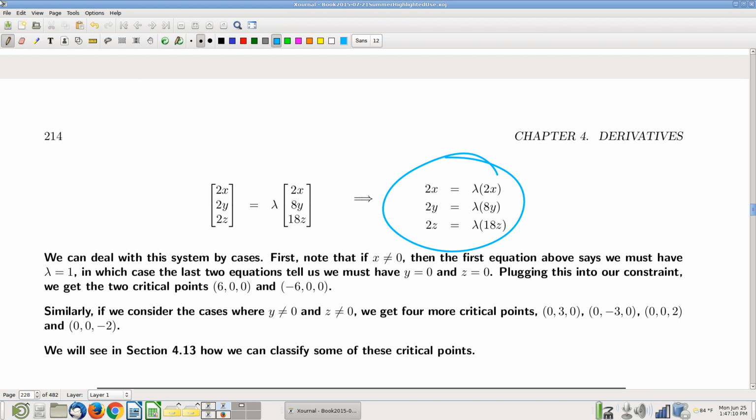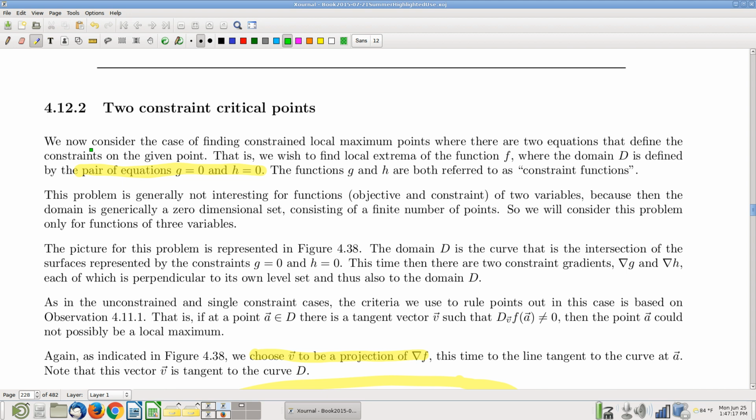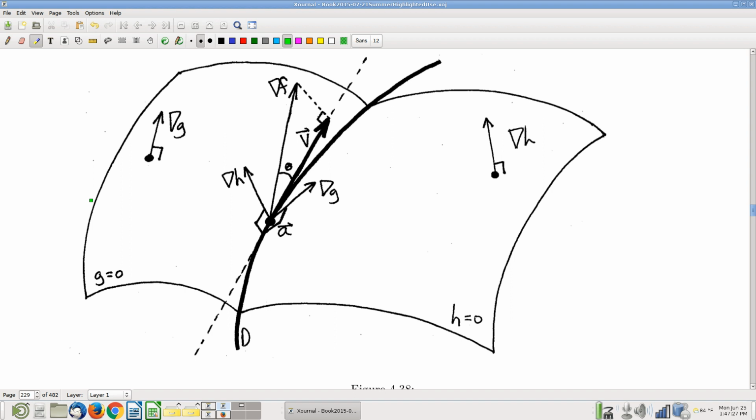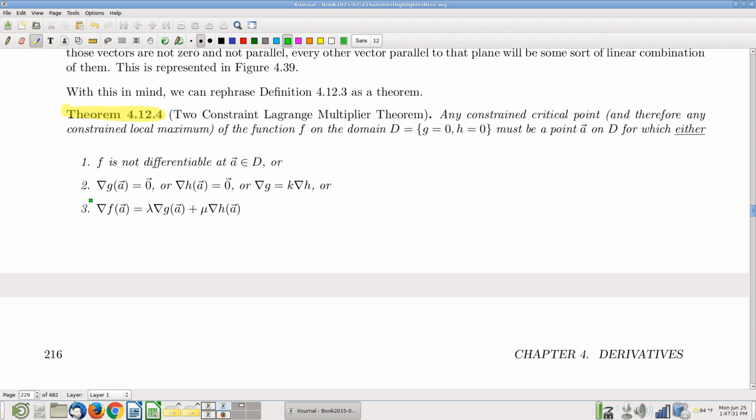We are out of time, so I'm going to have to call it here. By the way, it is typical that we very often don't have time to get to the 2 constraint critical points stuff. It's not terribly different. The picture is harder to draw, but ultimately the theorem is very similar looking, and your Lagrange equation looks a lot like the original Lagrange equation, just with an extra term.